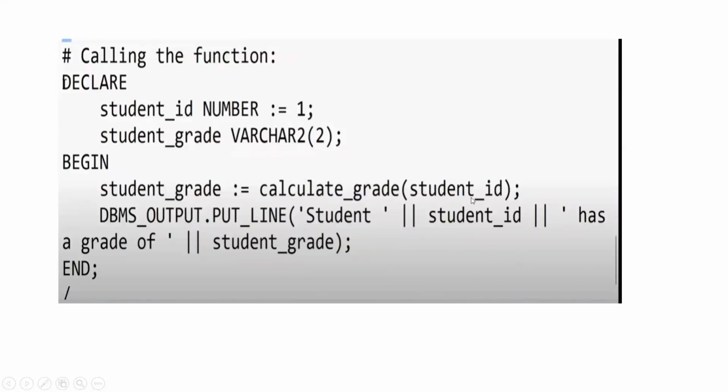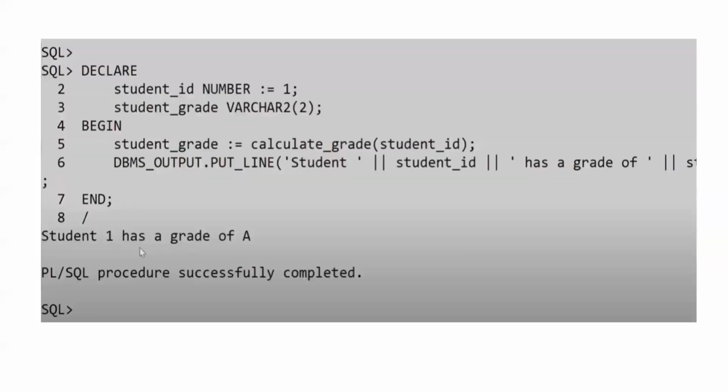So student ID 001 has a grade of this grade, A or B or C or F, it will be given like that, ending the program. So what will be the output? Student 1 has a grade of A. So it is successfully compiled. So this is the function.